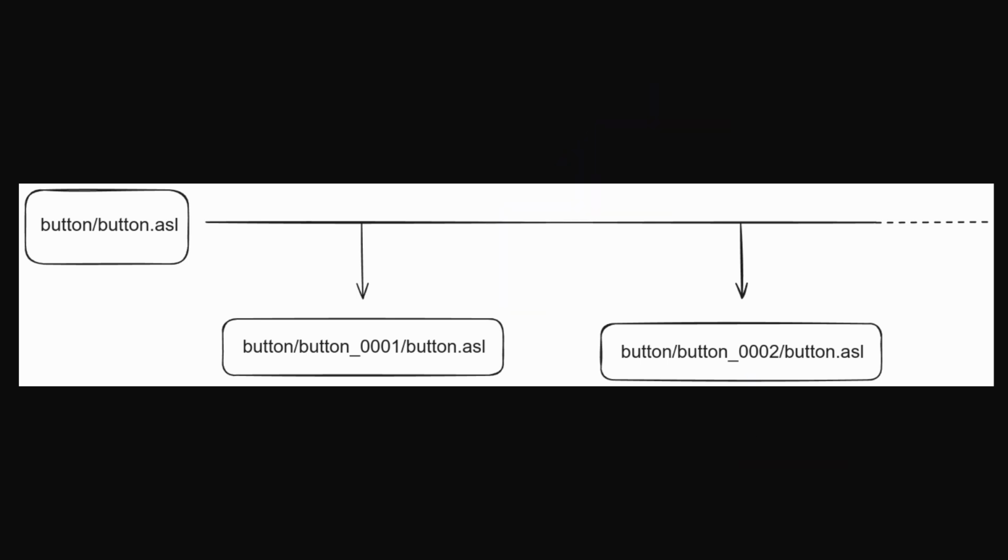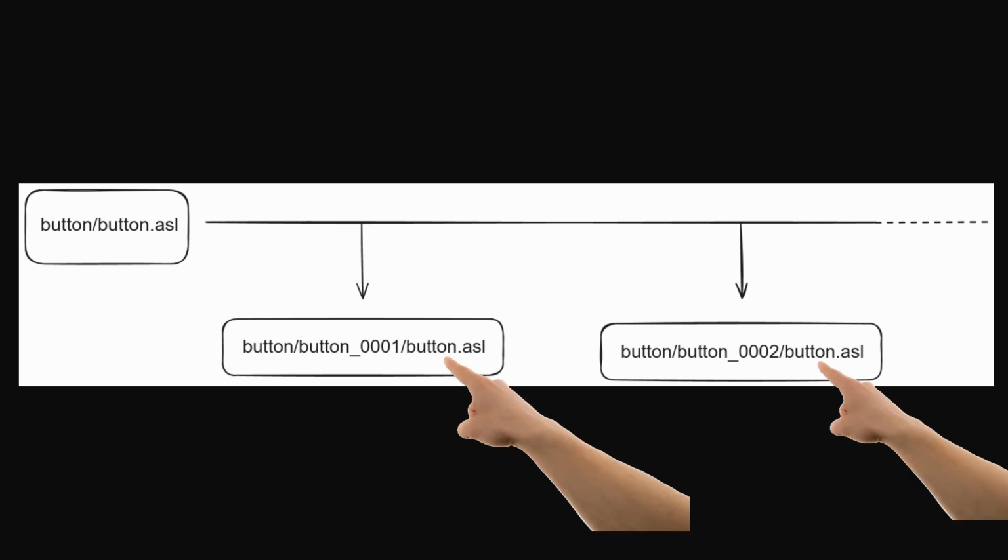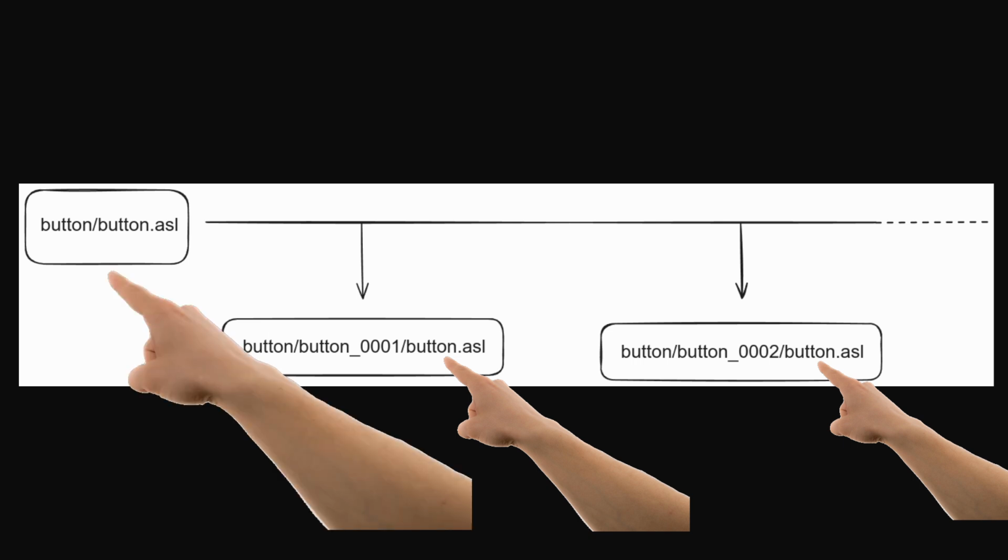You might see gaps, for example 0003, 0004, and then 0009, with no info on the in-between folders. Within all of these folders, you will see another button.asl not containing the number next to it, so it would be very similar to the main button file.